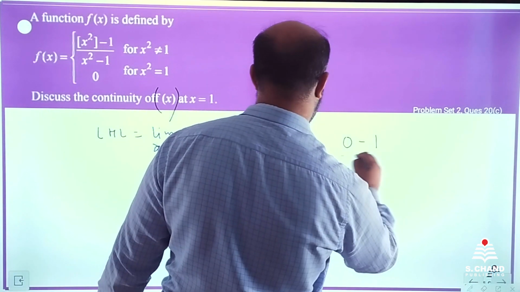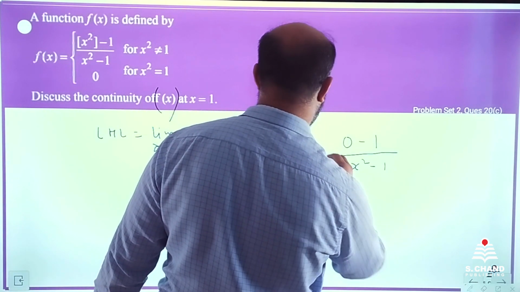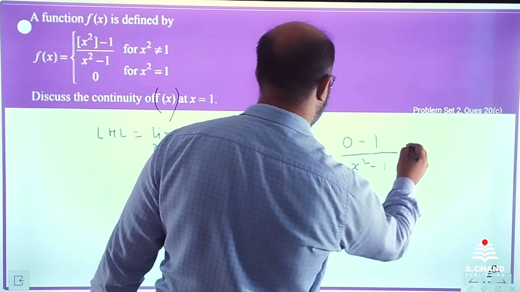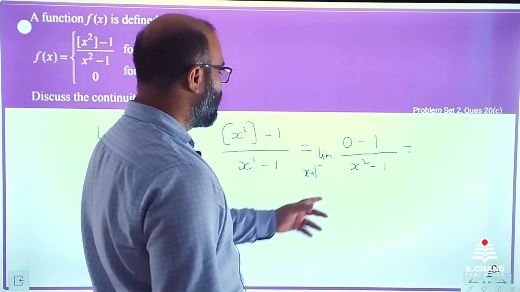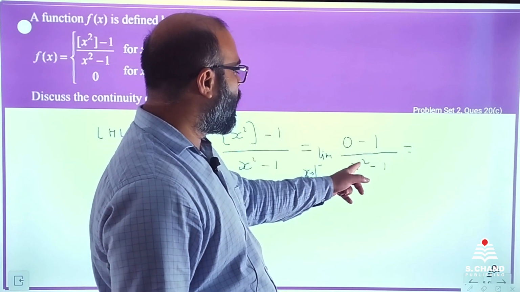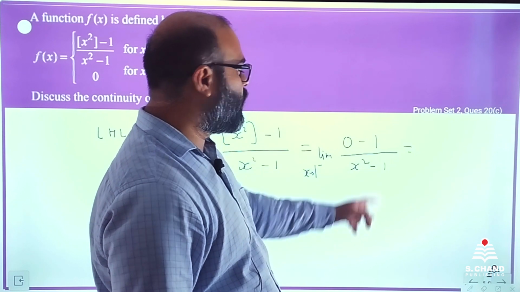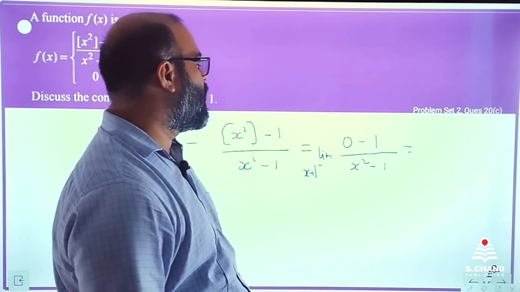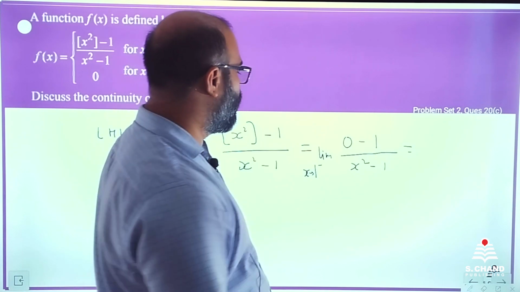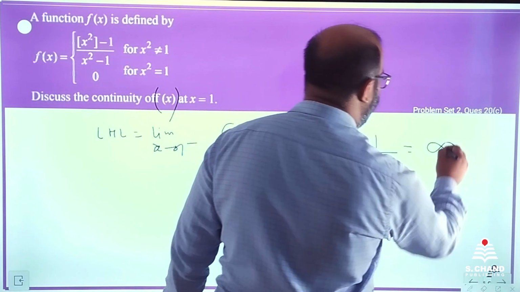So 0 minus 1, by x square minus 1, as x tends towards 1 minus. The denominator will be a quantity which is slightly less than 1 minus 1, so the difference will be a value which is almost 0 but slightly less than 0. So this will be infinity finally.